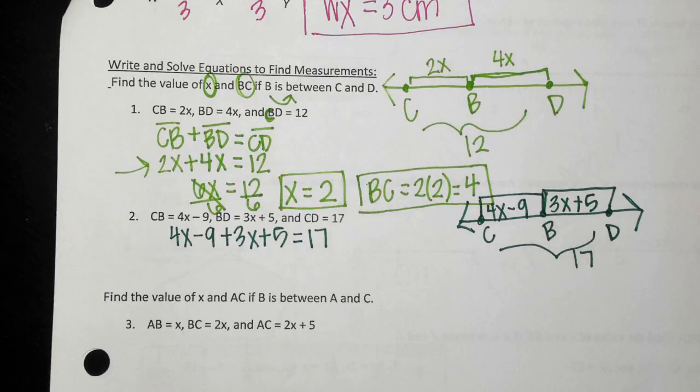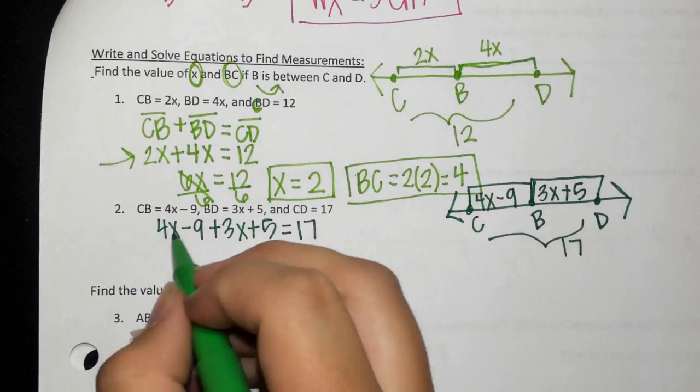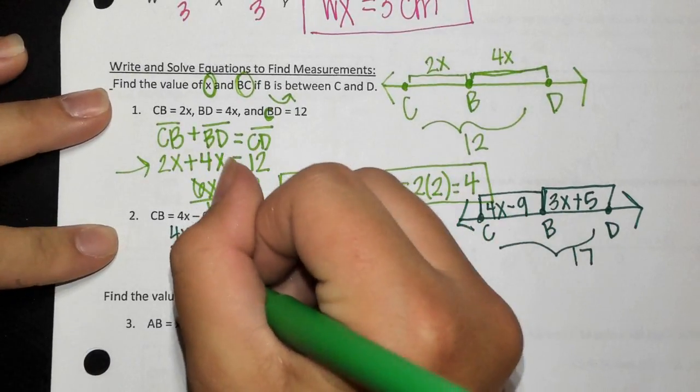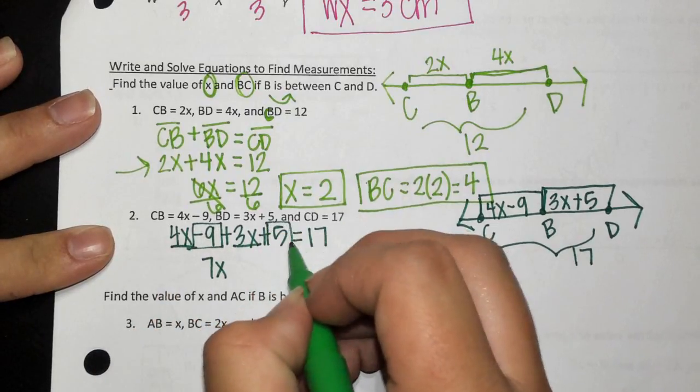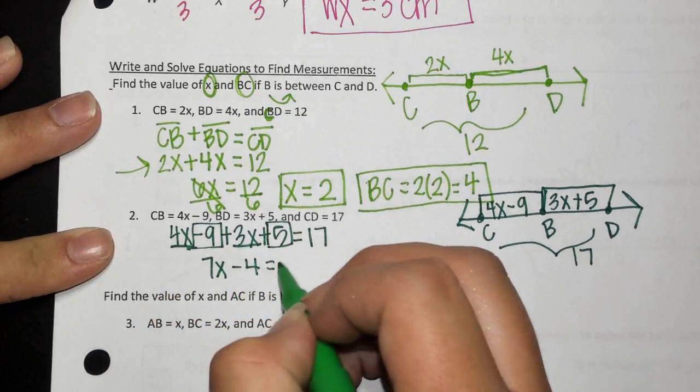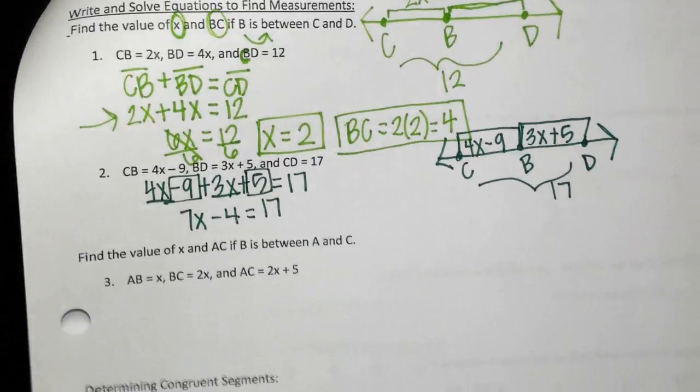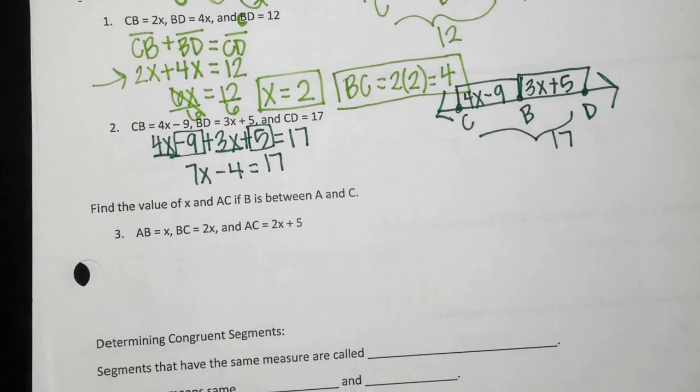Combine 4x and 3x makes 7x. So 4 plus 3 is 7. Negative 9 plus 5 is negative 4. Okay, keep going. Solve for x and then plug it back in.